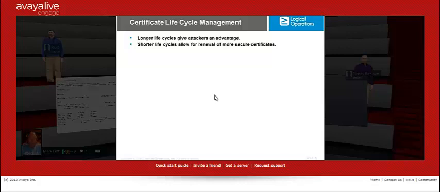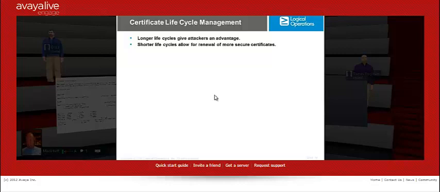let's say I issue a certificate that is good for 10 years. Well, that's not very much administrative effort on my part. I don't have to mess with that certificate for 10 years. But the problem is, the longer the life cycle, the more likely over time it becomes that that certificate and the keying materials could be compromised. Maybe 8 years ago when the certificate was initially issued, it used a state-of-the-art 64-bit key or some such.